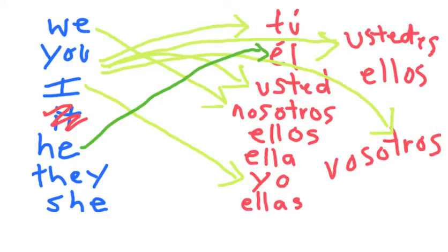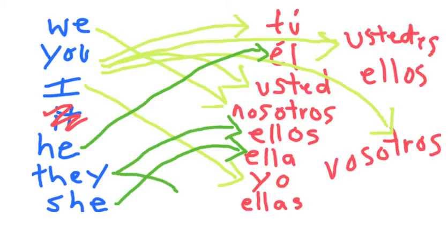And she is ella. Notice the double L is pronounced like a Y. And then we have they, which is ellos and ellas. And I wrote ellos twice. Here's another one over here. That is the same word as this one right here.